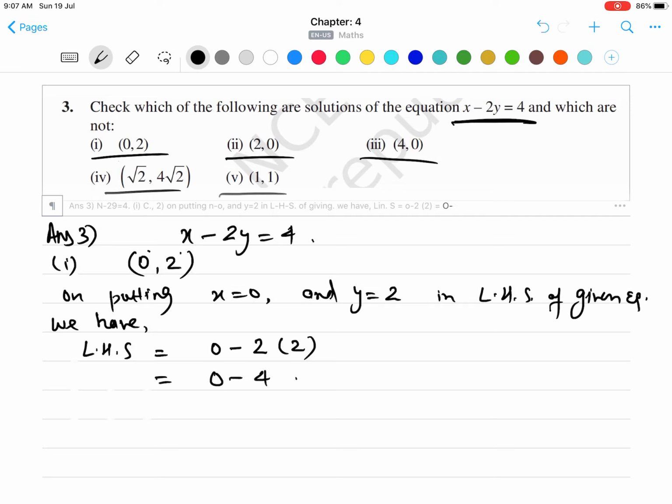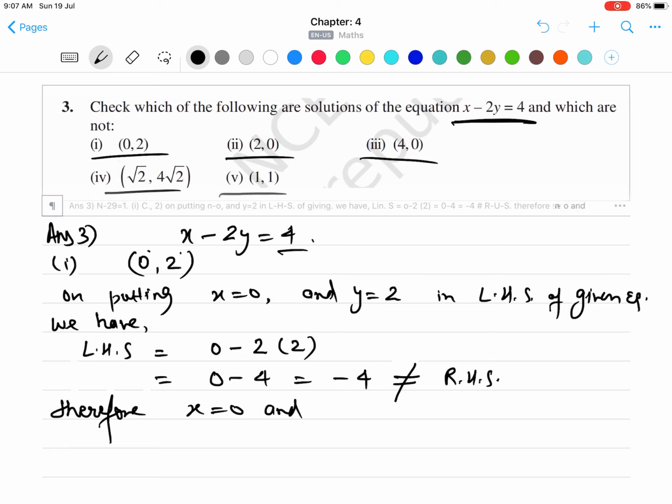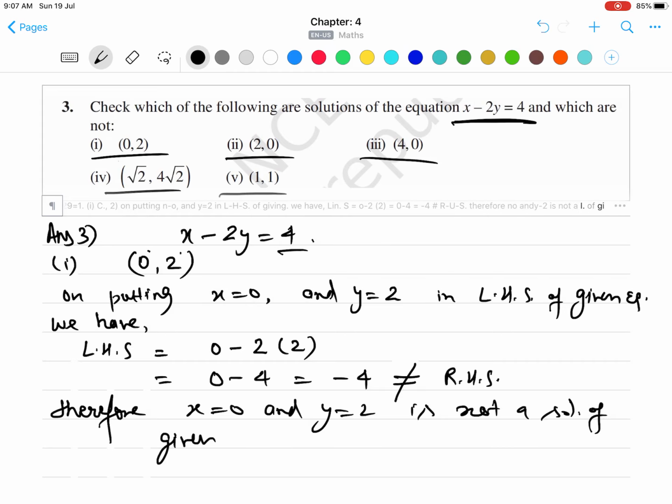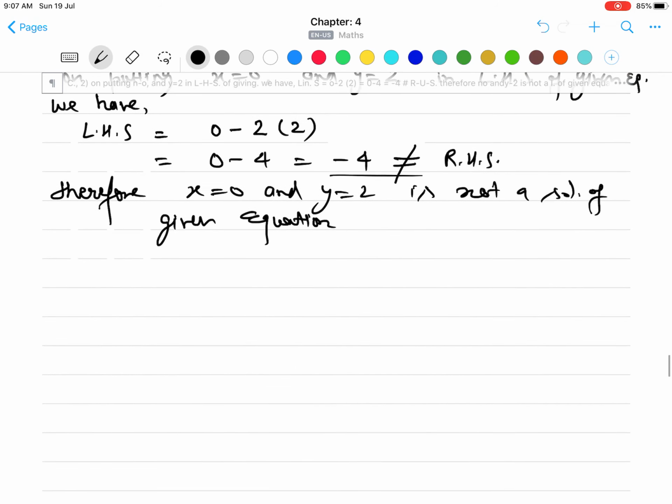So this will be 0 minus 4, which results in minus 4, and this is not equal to the right hand side term. The right hand side is 4, but we are getting minus 4. So this is not a solution of the given equation. Therefore, x equals 0 and y equals 2 is not a solution of the given equation, because it is not satisfying left hand side equals right hand side on putting these values.